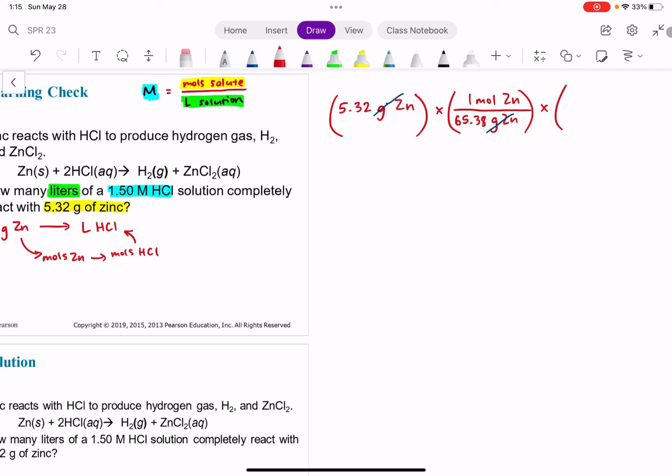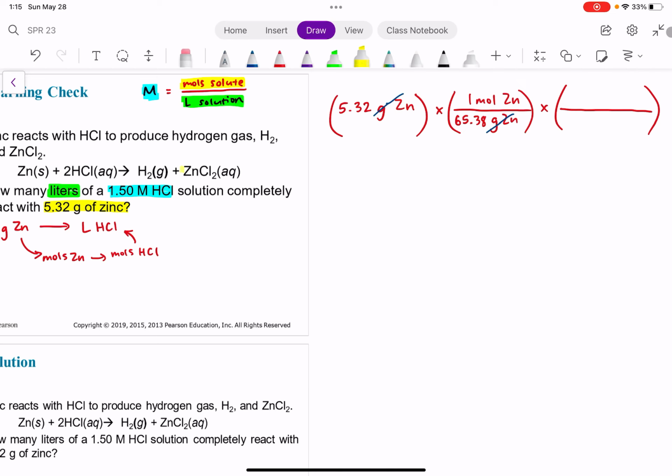How are we going to get to moles of HCl? Using our balanced equation. We know 1 mole of zinc reacts with 2 moles of HCl to give 1 mole of H2 and 1 mole of zinc chloride. How did I know that?